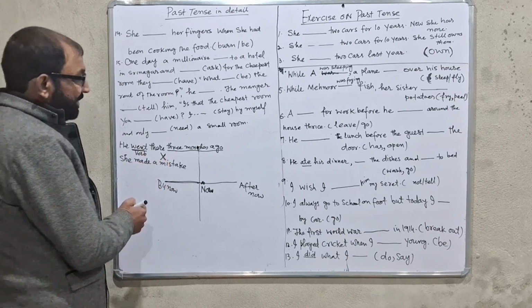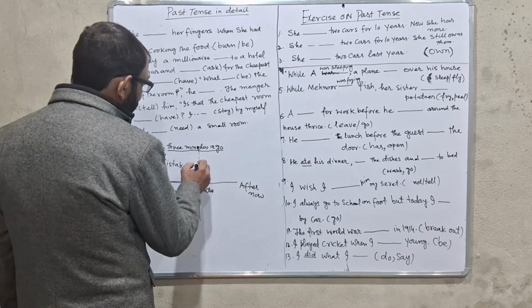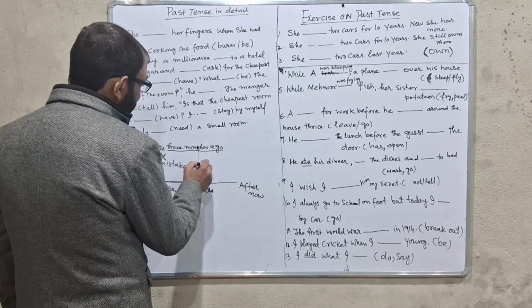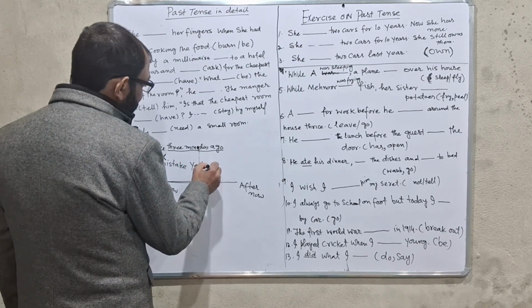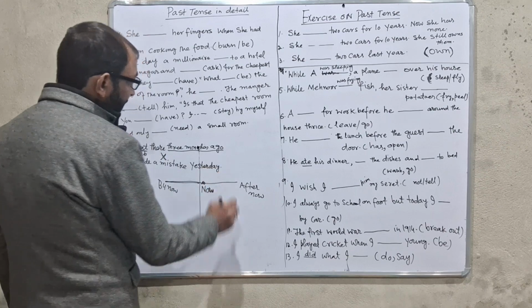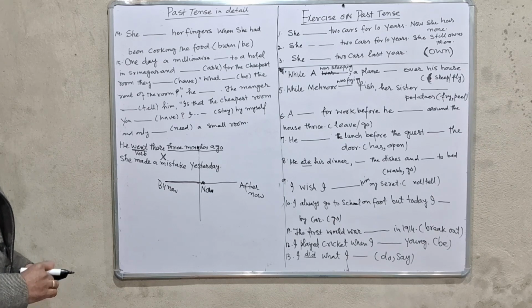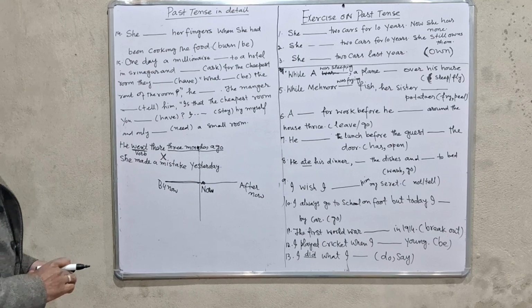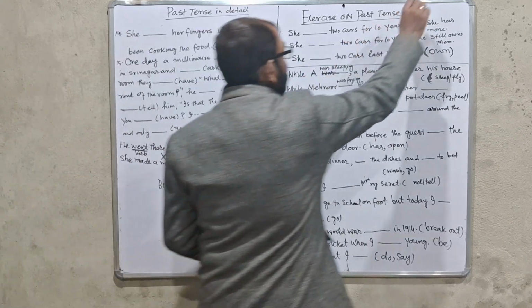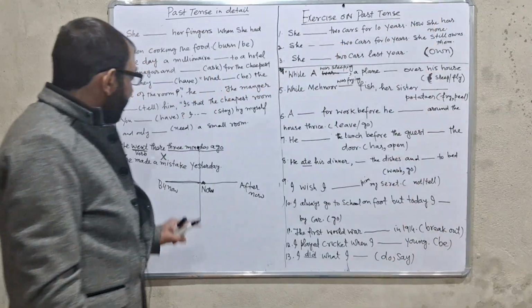She made a mistake yesterday, last Sunday, last year, some hours ago, a day ago, 3 days ago. This was something about past simple. Action started in the past, ended in the past.